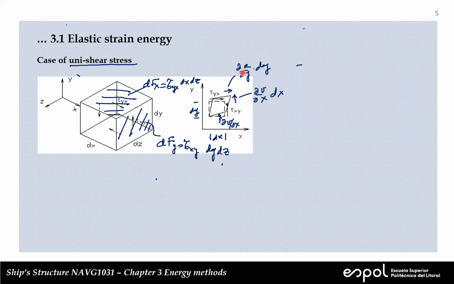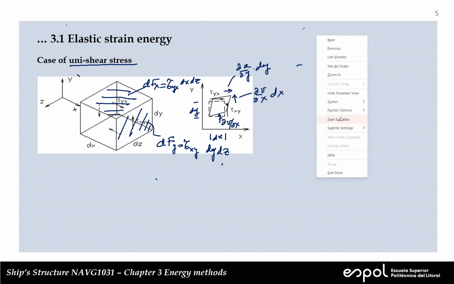So since we have both effects simultaneously, we have to combine force and distance, and then we have to add. But again, since we are increasing slowly the application of the force until we reach these values of the stress, we have to consider the average. Okay, so let's do that.